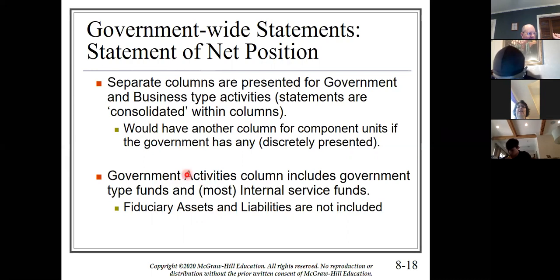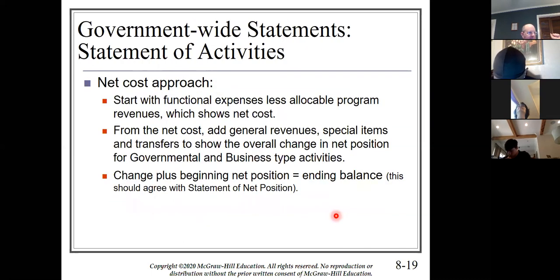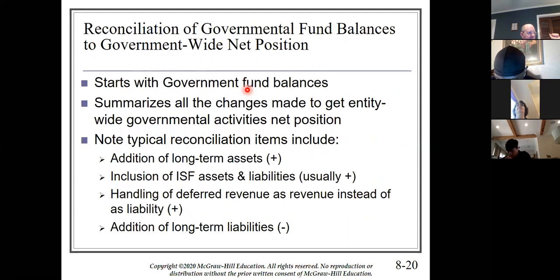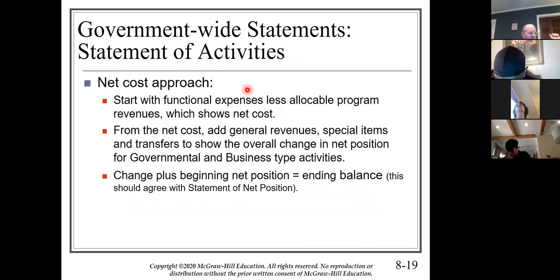Okay, it's gone. Government activities includes government funds, internal service funds, not fiduciary. Statement of activities. If they use the net cost approach, they start with functional expenses and subtract from them the program revenues, which shows net cost.